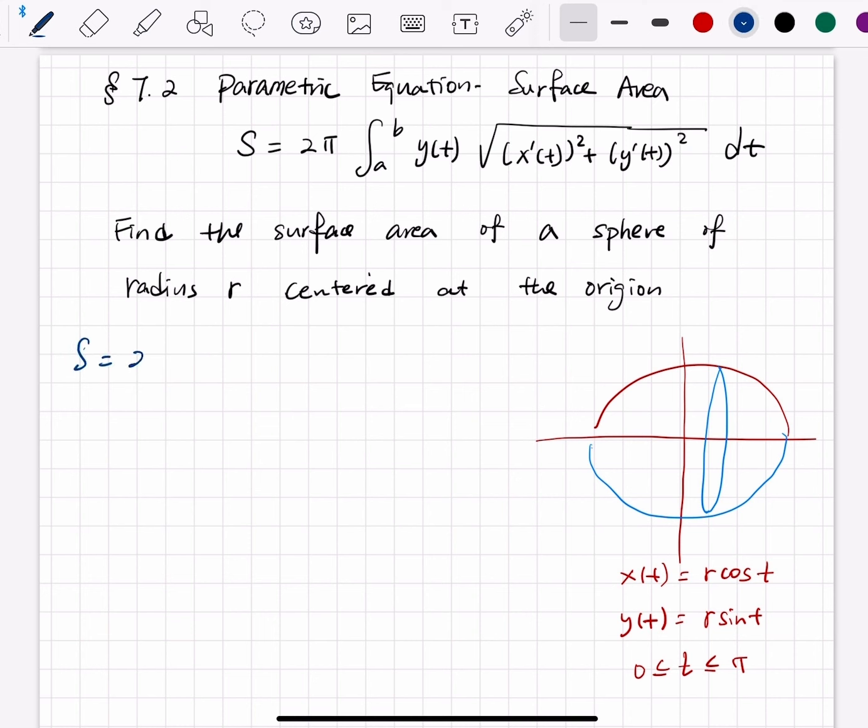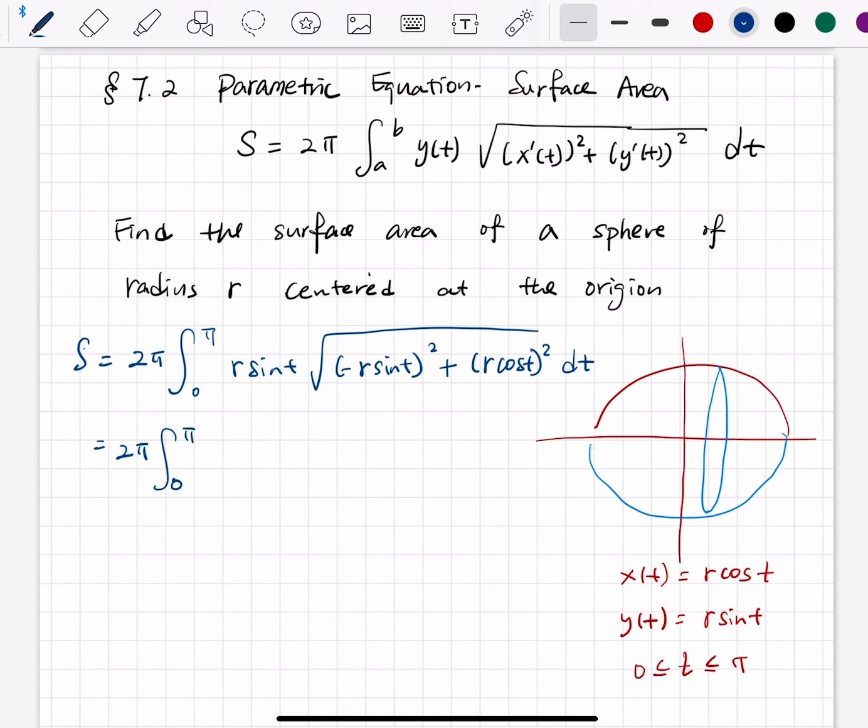So S is equal to 2 pi integral from 0 to pi, y of t is r sine of t, multiplied by the square root of the first derivative, x prime, which is negative r sine of t squared, plus the first derivative of y, which is r cosine of t squared, dt. Simplify them.